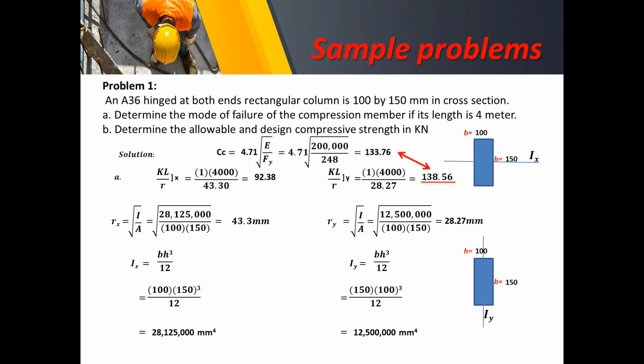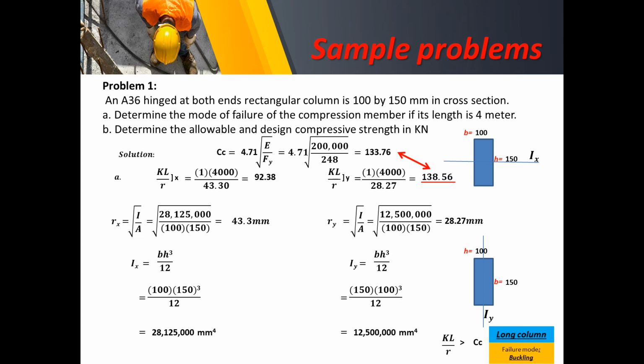Now, if we are going to compare that one, obviously, KL all over R is greater than your Cc. Hence, that is within the zone of the long column or elastic buckling. So the failure mode is buckling.